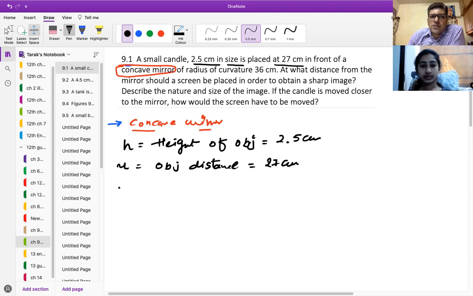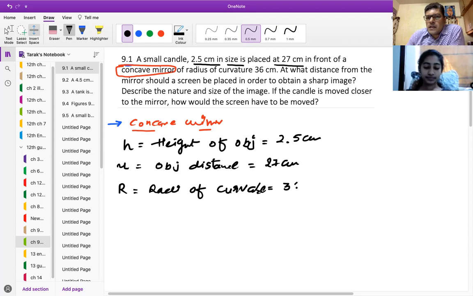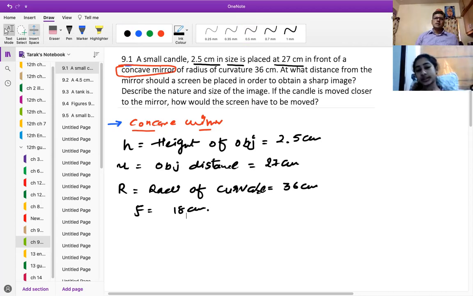My radius of curvature r is equal to 36 centimeter. So I can roughly say that my focal length is 18 centimeter.